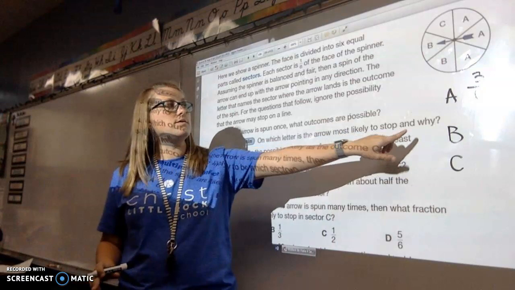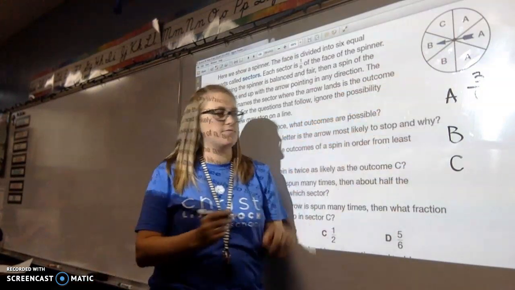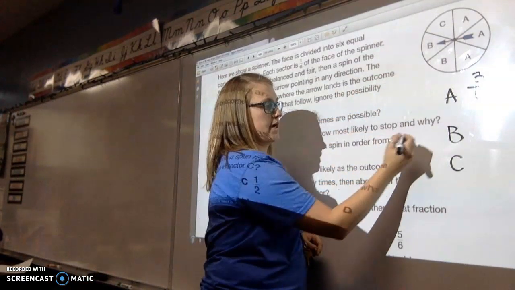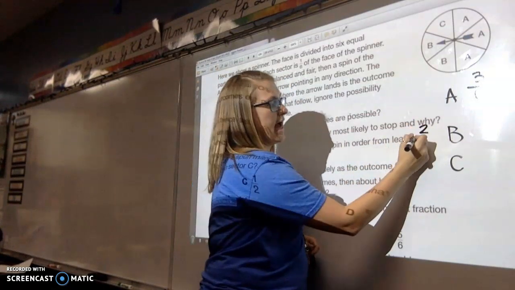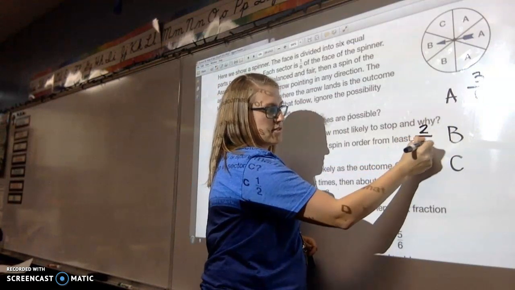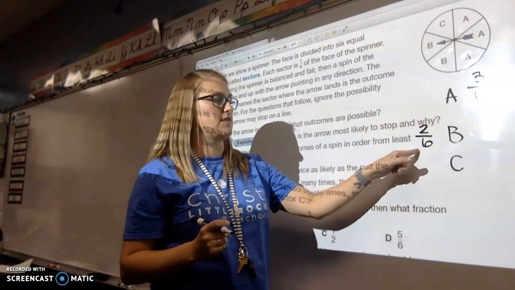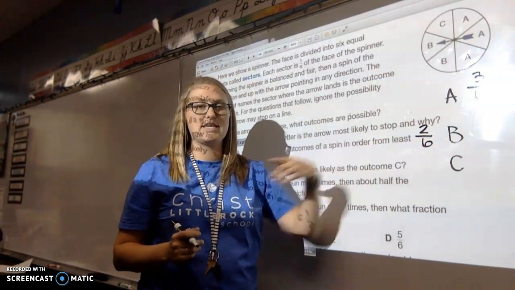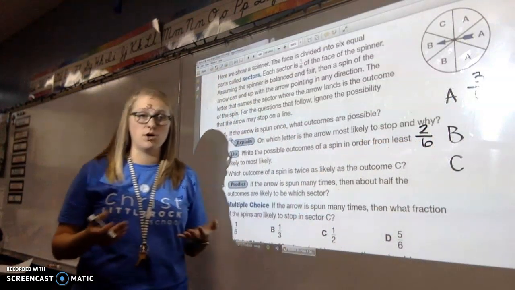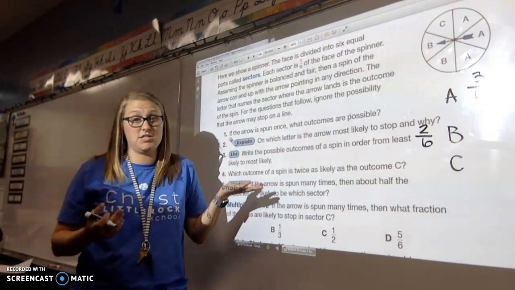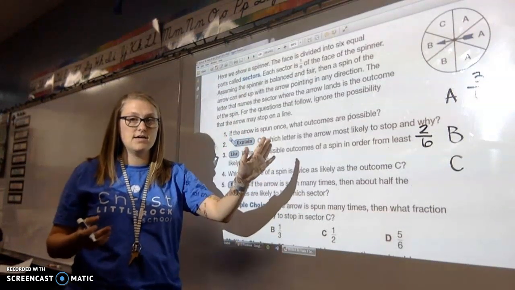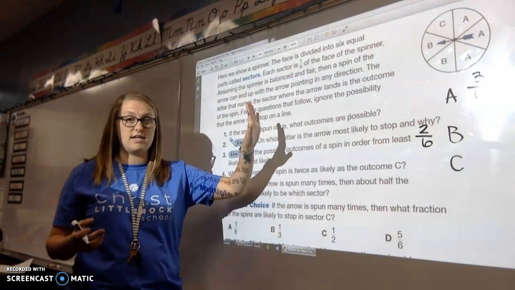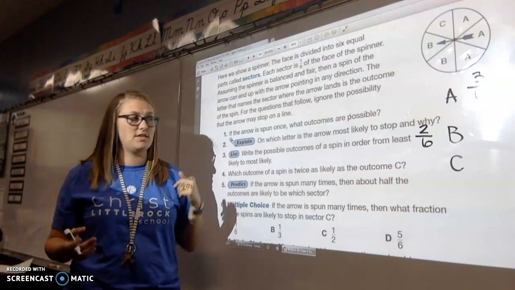So if we look at B, I'm going to write it on this side since there's a glare. 2 of my spaces are B out of 6 spaces. So 2/6 of them would be B, which is the same thing as 1/3. So if I were to spin it, technically 1/3 of the time, since half is taken up by A, the other third is taken up by B, so that should be the next most likely thing.